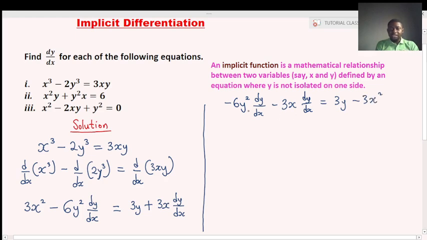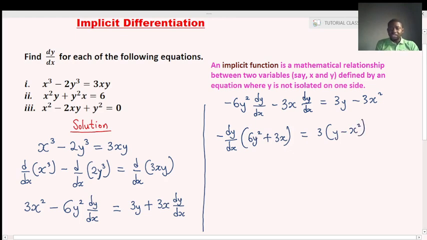So factorizing this can become minus dy/dx, open bracket, 6y squared plus 3x, equals this one. I can turn it to be 3, open bracket, y minus x squared, right?